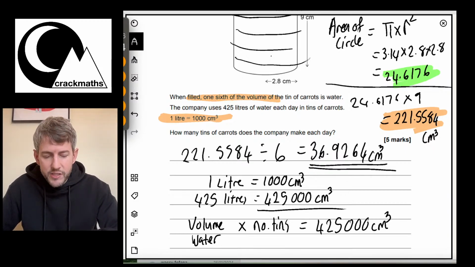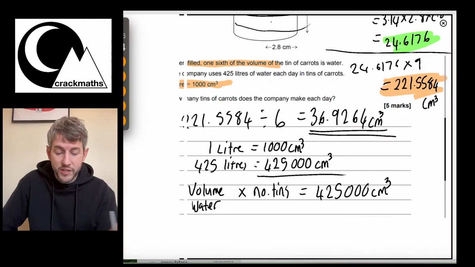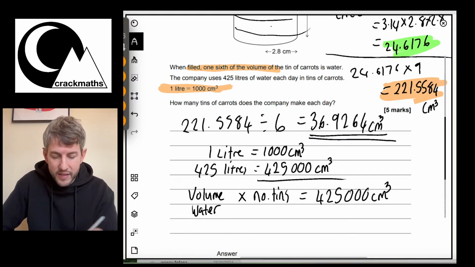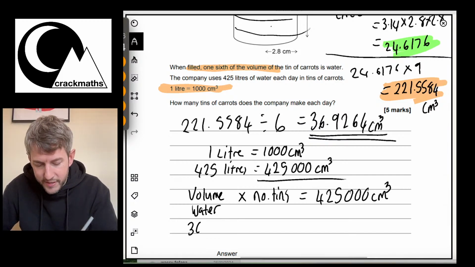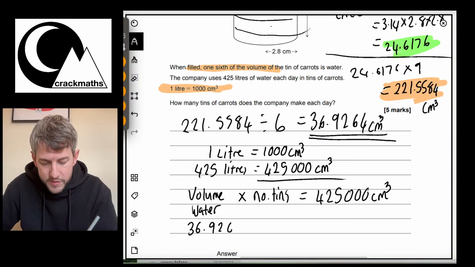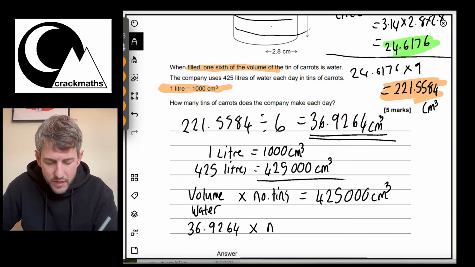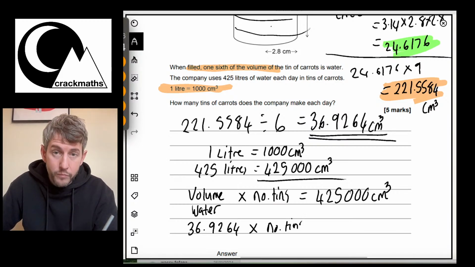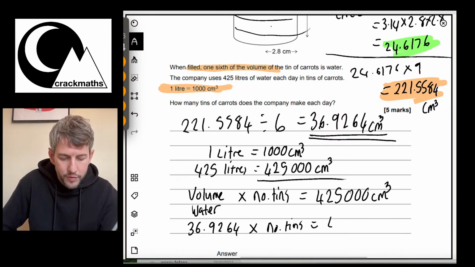So what I can do is put the information that I have and work it out from here. So we know that 36.9264 times the number of tins has to equal this 425,000.